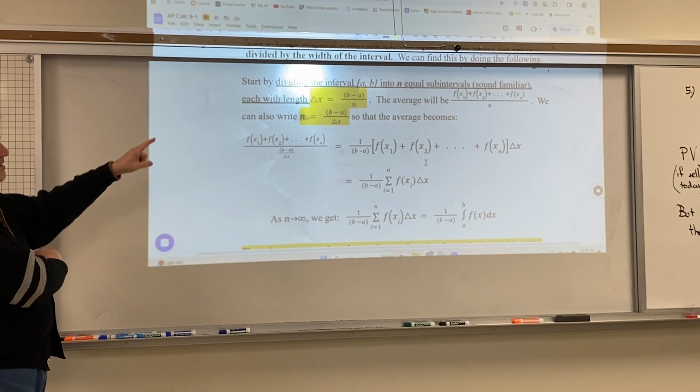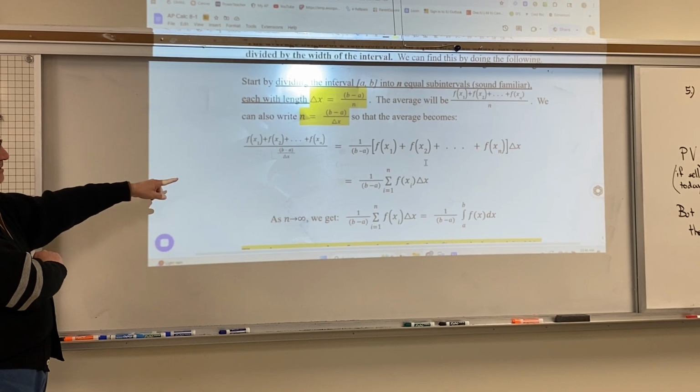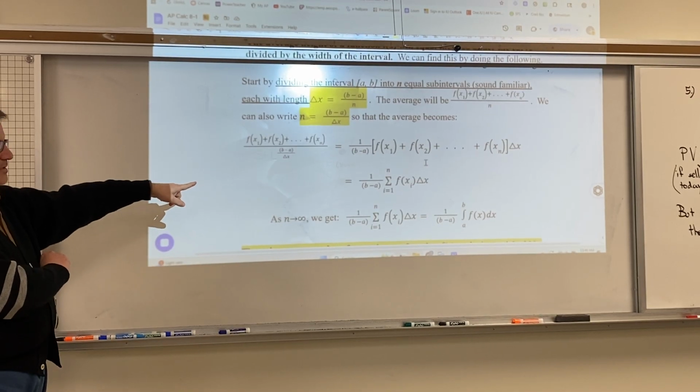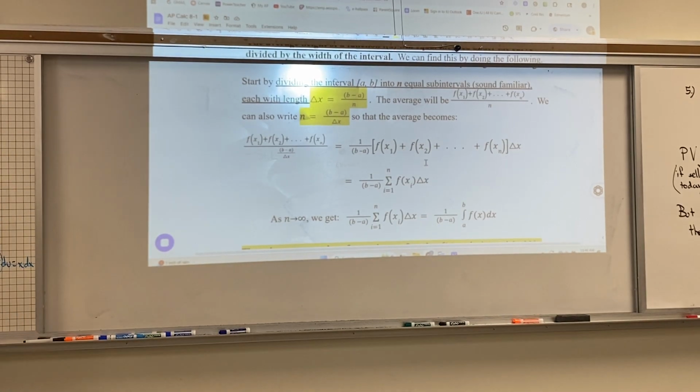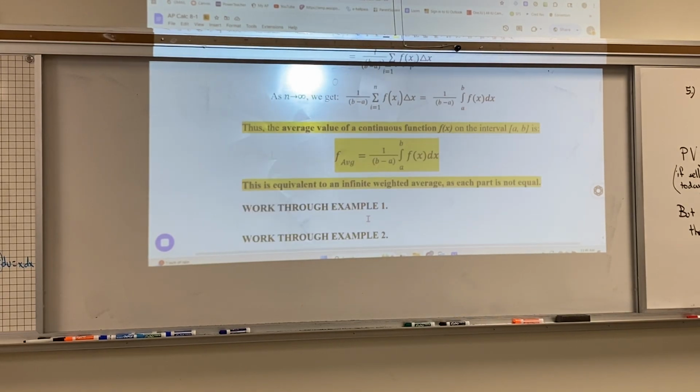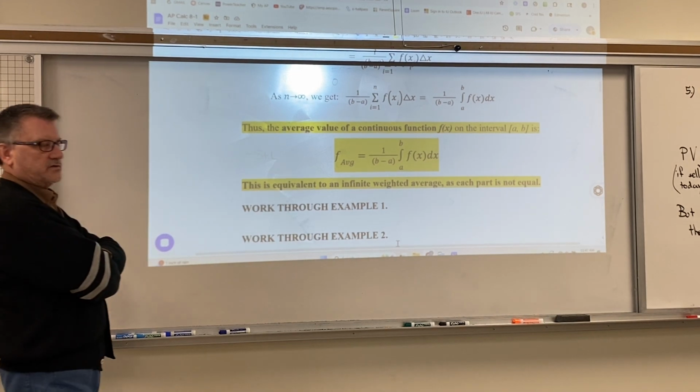I don't think you have to memorize this or even write it down, I'm just showing you. We really want an infinite number of rectangles, so all of that becomes the average value of a continuous function on a certain interval.